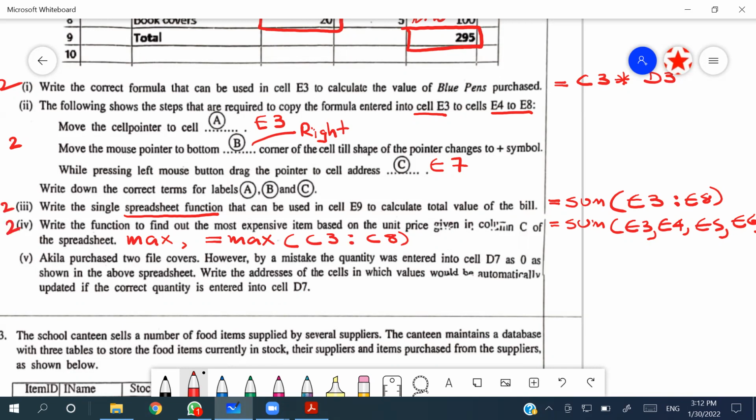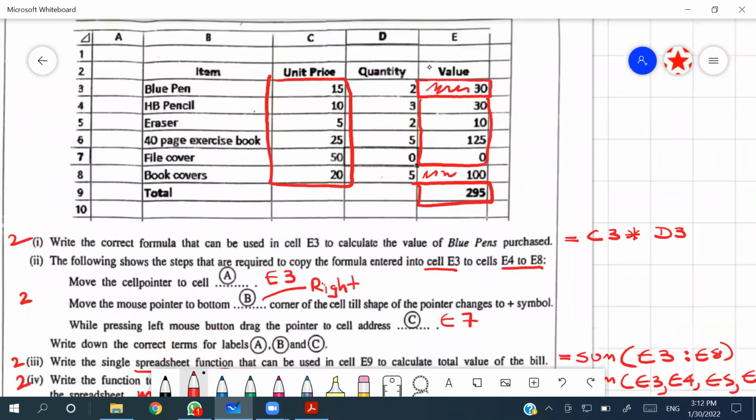Akila purchased 2 file covers. However, by a mistake, the quantity was entered in cell D7 as 0, as shown in the above spreadsheet. Write the address of the cells in which values would be automatically updated if the correct quantity is entered in cell D7.